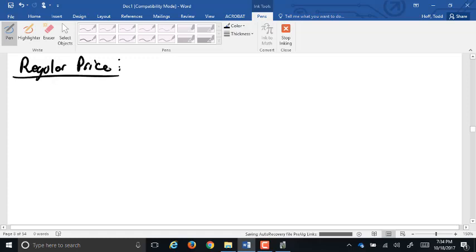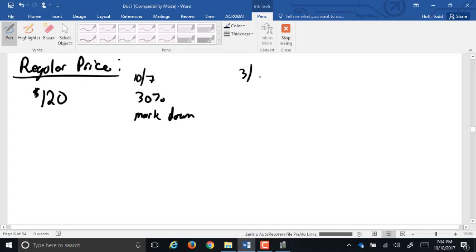So we have an object with a regular price of $120 on the 7th of October. It has a 30% markdown.